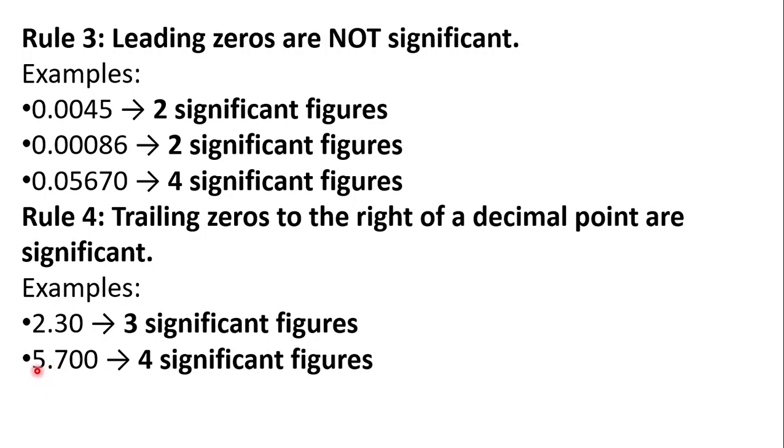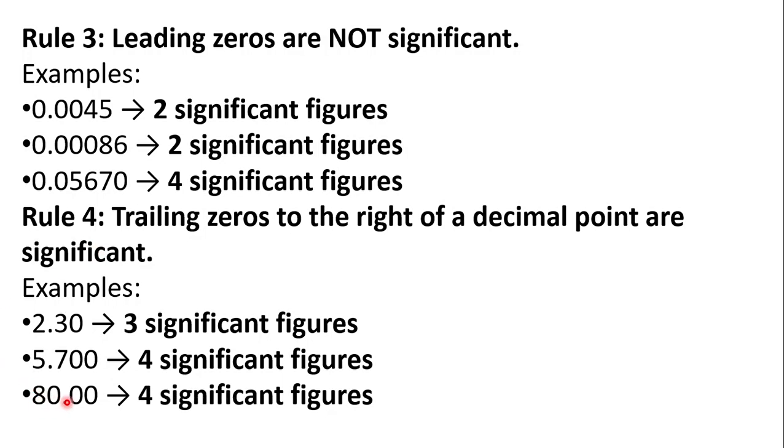But if you write the same number as 5.7, that has two significant figures. 5.700 has four significant figures because trailing zeros to the right of a decimal point are significant. 80.00 has four significant figures, but 80 alone, without decimals and zeros after that, has one significant figure.